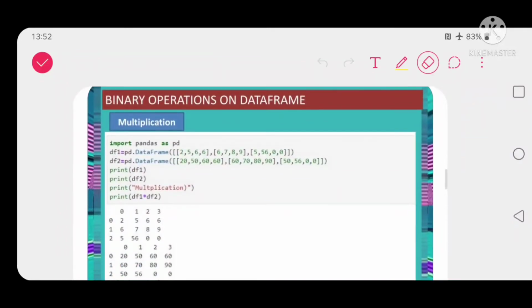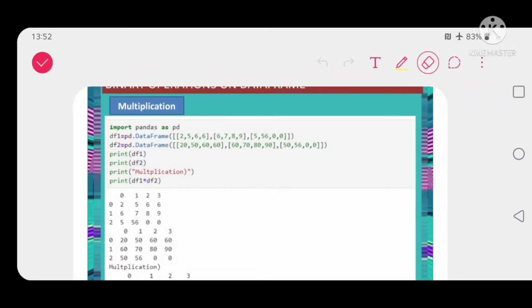Next is binary operation multiplication. You can see here I have used again 2 frames, df1 and df2. Multiplication I can do with the help of the star operator. The star operator is my multiply operator: df1 multiply df2.